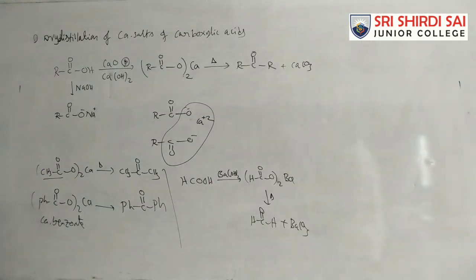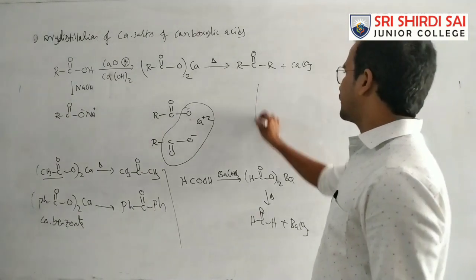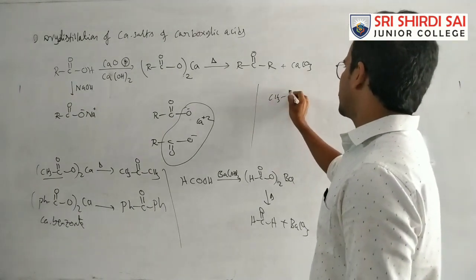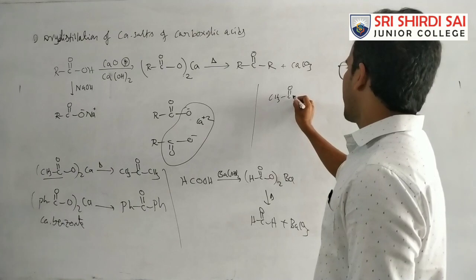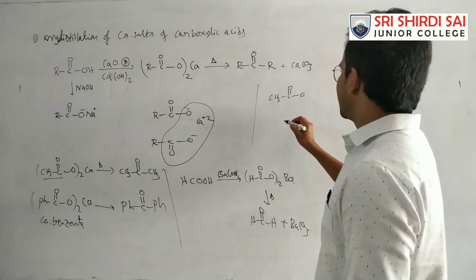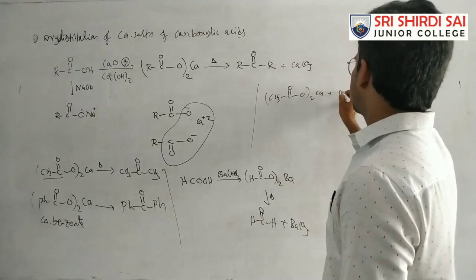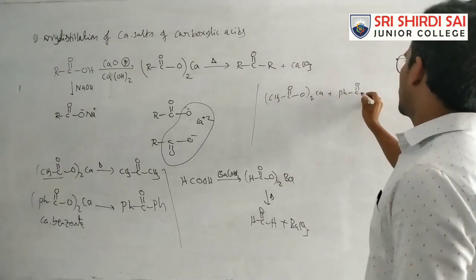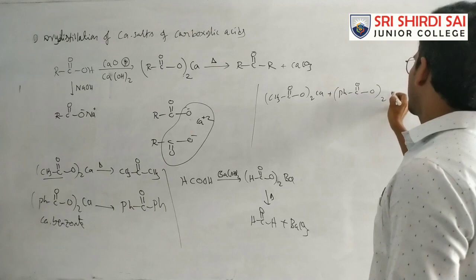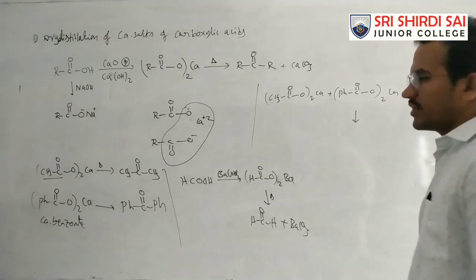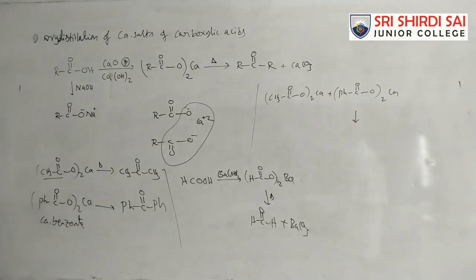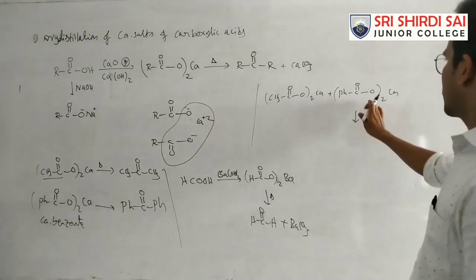Now for suppose if you take different compounds, CH3C double bond O twice Ca plus PhC double bond O twice Ca, a calcium acetate and calcium benzoate.